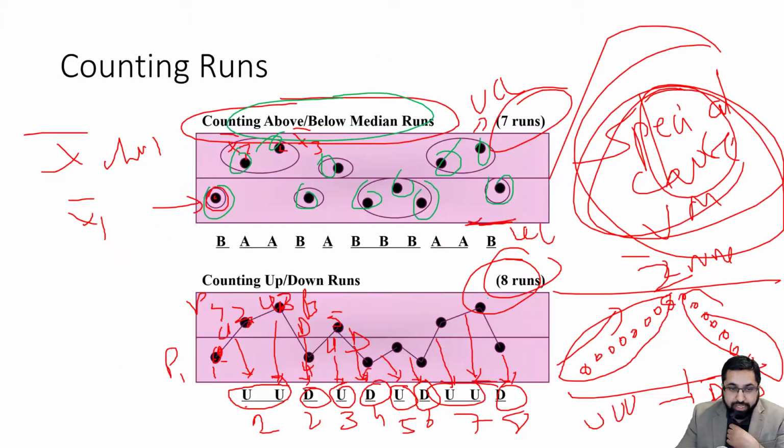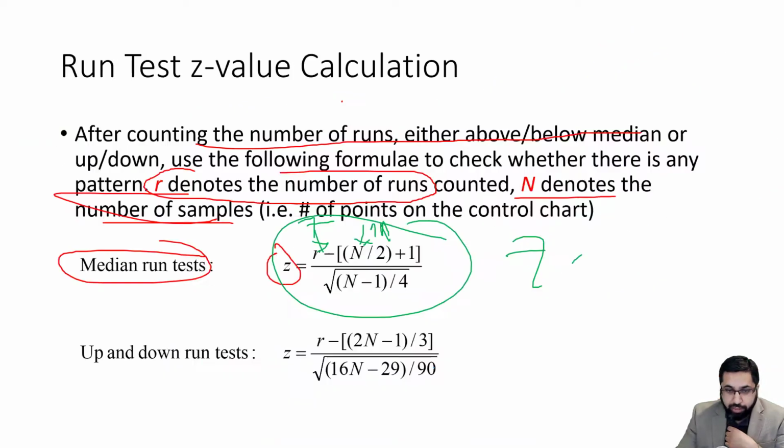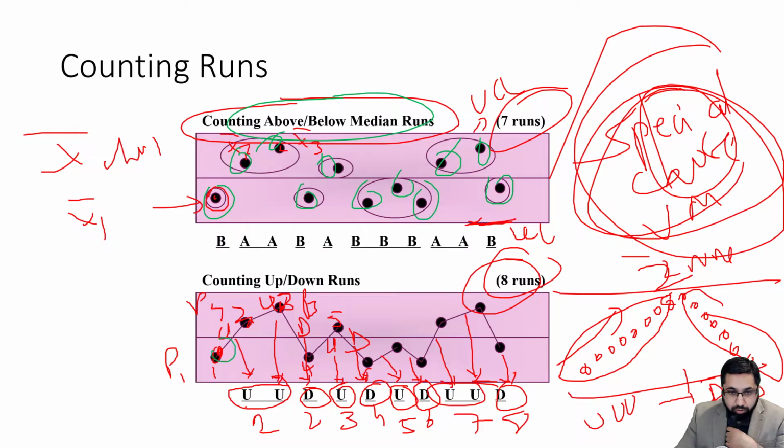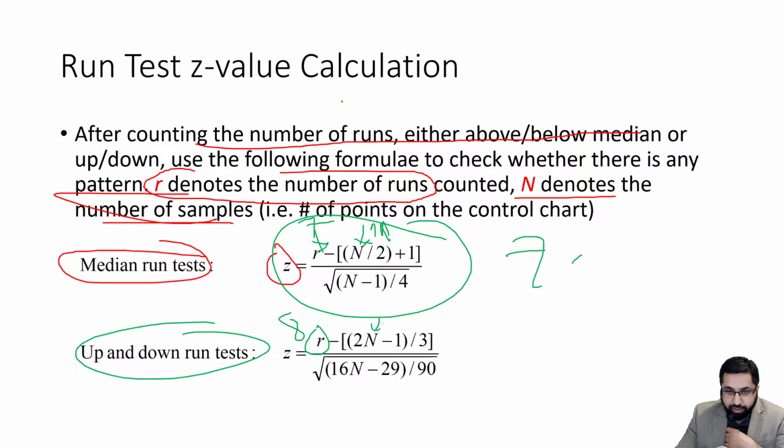If you're doing the second one, the up-down runs, then you'll use this formula for the up-down runs. R again will be the number of runs, which in this case was 8. And N will be the number of samples, which in this case was 1, 2, 3, 4, 5, 6, 7, 8, 9, 10, 11. So N will be 11. And this N is the same thing, that's also 11. And this N is the same as the N above, that's also 11. And you'll find the value of Z.